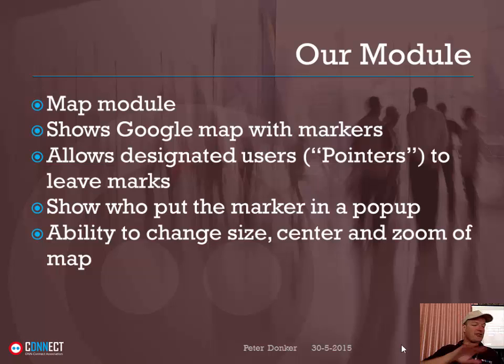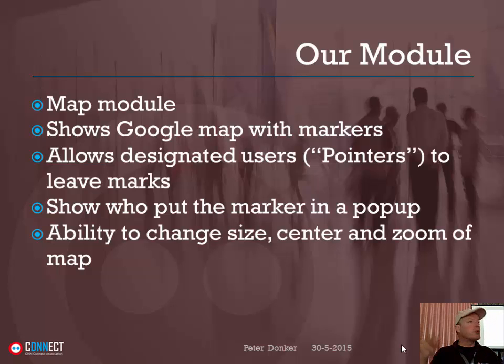Anyway, to set the scene, I'm going to try and make a small map module. I was inspired by John Royal, I think, who at one point said, where did the map module go, or does anyone know of a small module to display a map? I was just thinking, what shall I do for the presentation? So: show a Google map and allow people with specific permission to add markers to it.